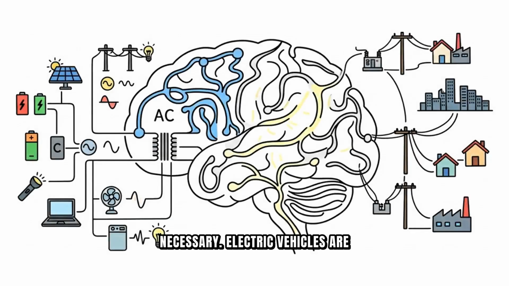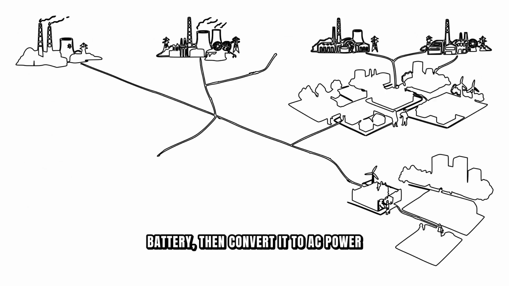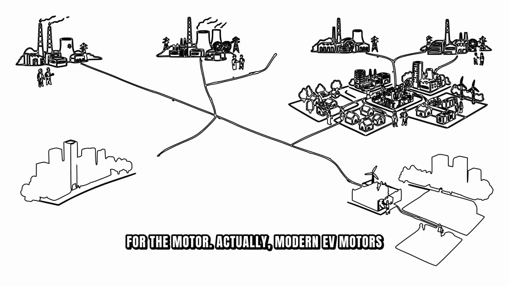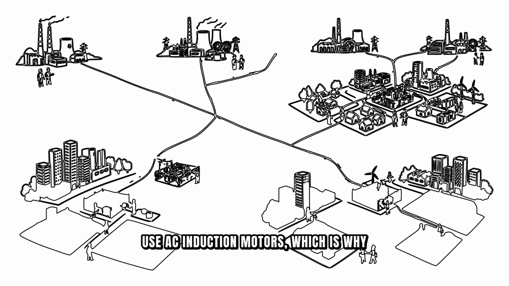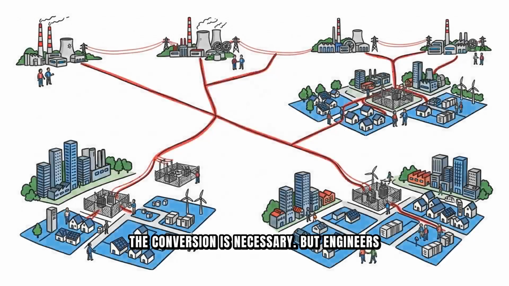Electric vehicles are interesting because they store energy as DC in a battery, then convert it to AC power for the motor. Actually, modern EV motors use AC induction motors, which is why the conversion is necessary. But engineers are working on ways to minimize these conversions to improve overall efficiency.